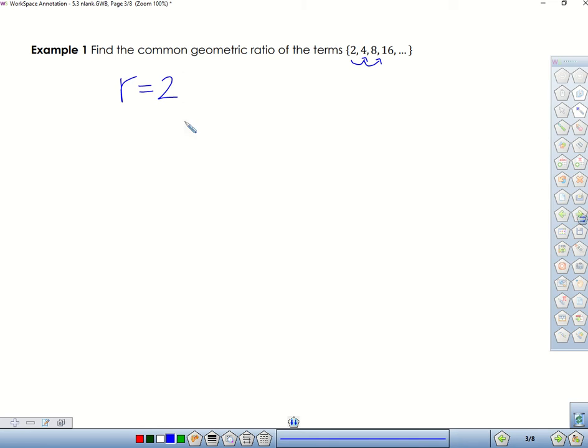So that's how you find the common ratio: you figure out what you multiplied by each time. This question doesn't say to find anything else, so that's all you have to do. The answer here is 2. Does anybody have any questions about why it's 2? Okay.